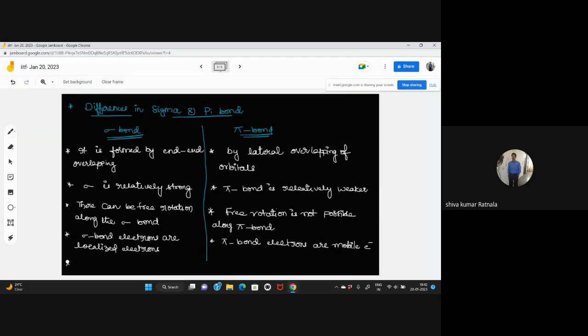Next, sigma bond has independent existence. And then pi bond exists along with sigma bond.